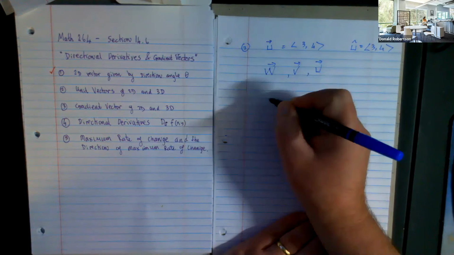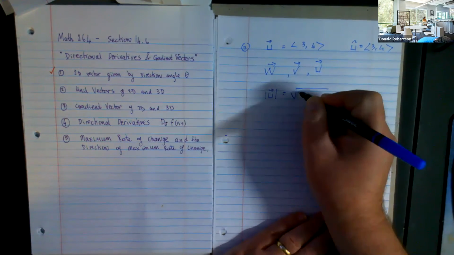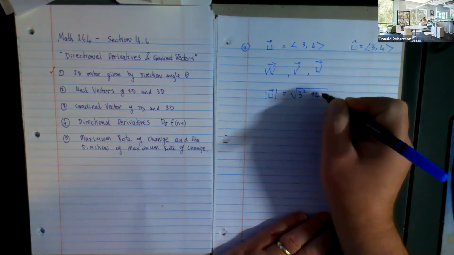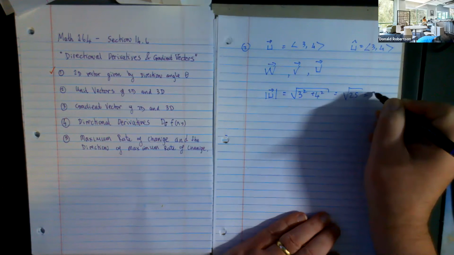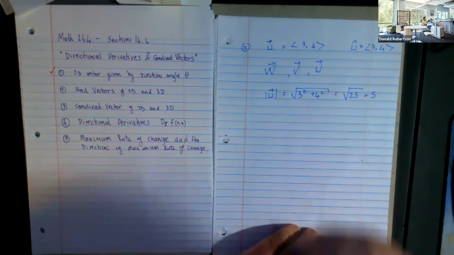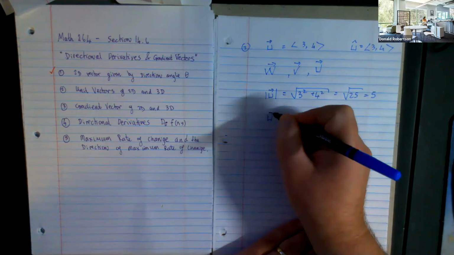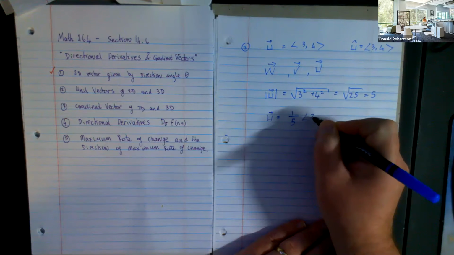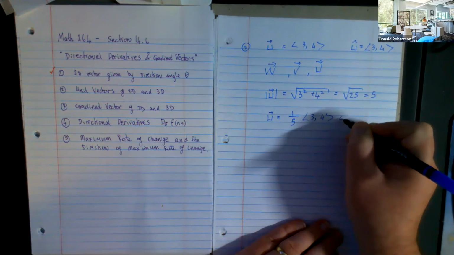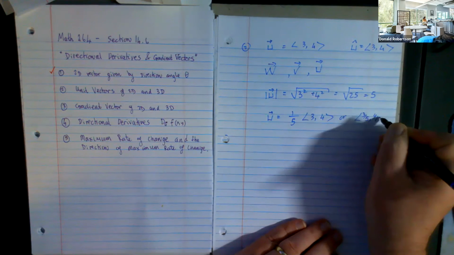This guy here, if you find its magnitude, which is 3 squared plus 4 squared, this is Calc 3 stuff, you get the square root of 25, which is 5. I wish I hadn't called that U now, because I want to use U to represent a unit vector. So the unit vector would be 1/5 of this guy, or 3/5, 4/5.